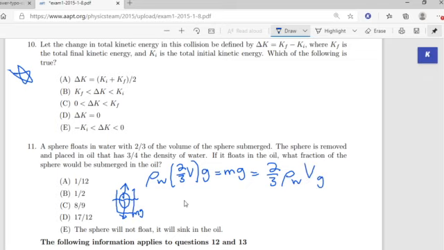And now it says that the oil has 3/4 the density of the water, and it floats in the oil. What fraction of it is submerged in the oil? Okay, so I'll just put a question mark to represent the fraction times g, and this is once again equal to mg.